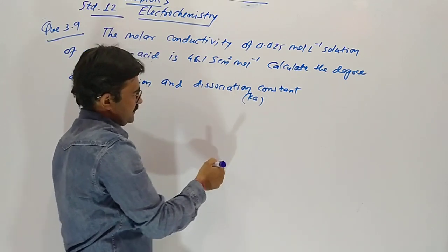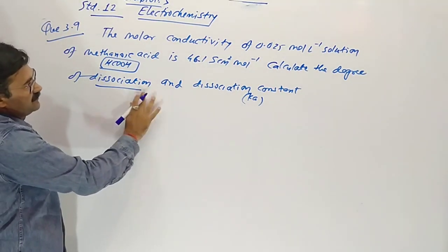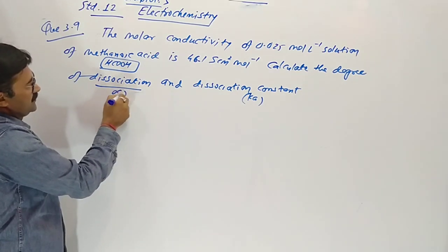Dissociation constant means Ka. Dissociation degree is alpha.